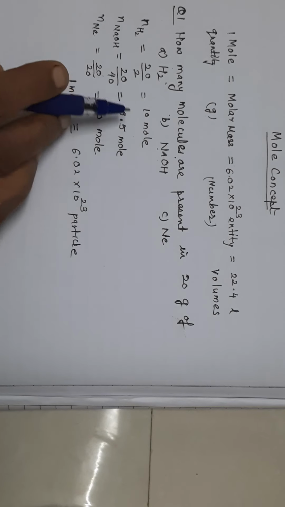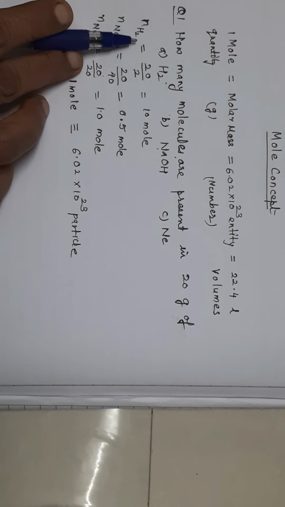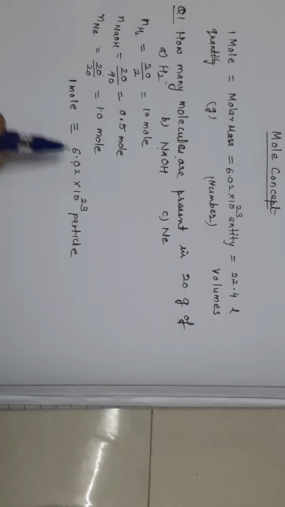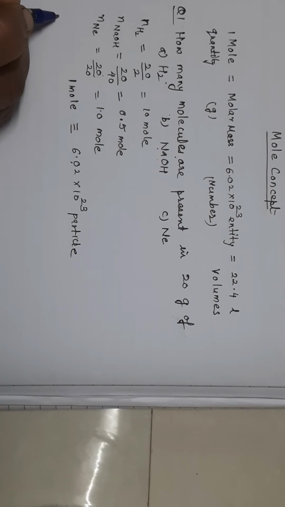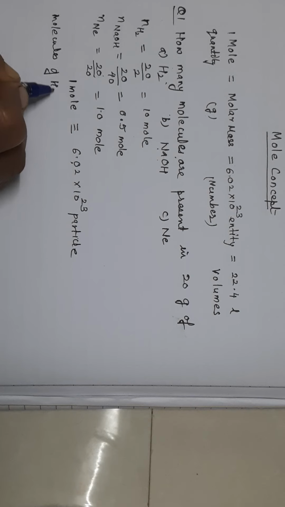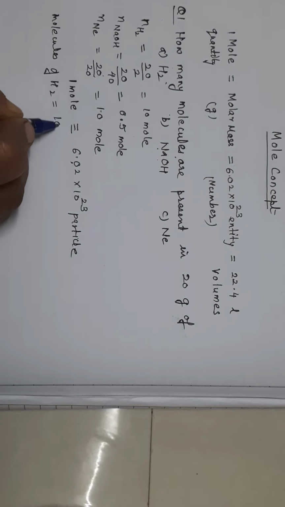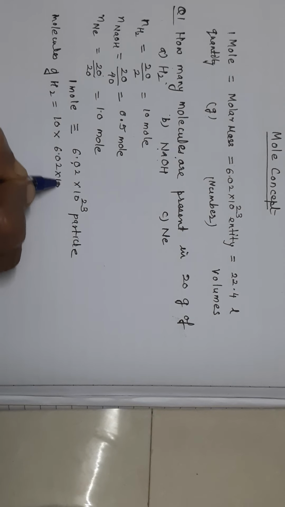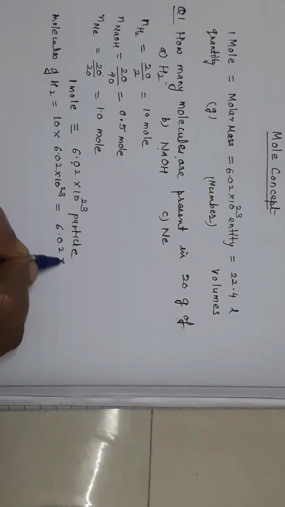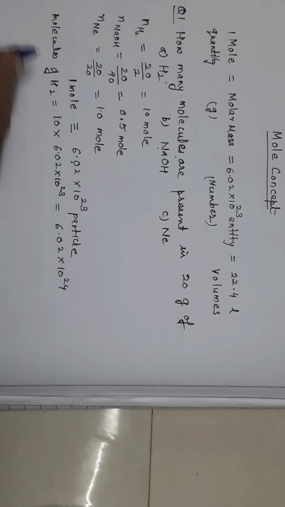So the number of molecules of hydrogen is equal to 10 moles multiplied by 6.02 into 10 raised to 23, which is equal to 6.02 into 10 raised to 24.